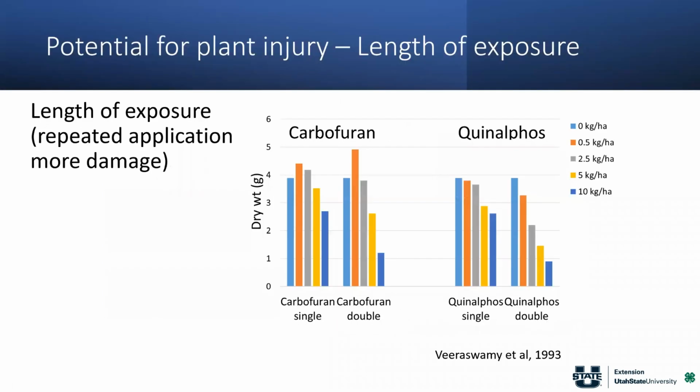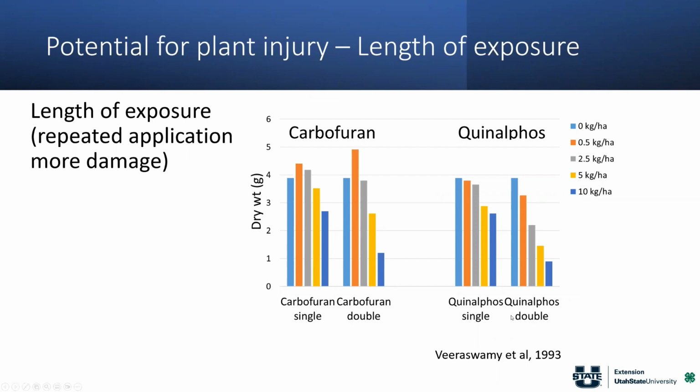Also, the length of exposure. Applying once versus continuous application: with repeated application the residual concentration builds up and has more damage. This is single application, this is double application. With double application, we saw more reduction in dry leaf weight in both pesticides.